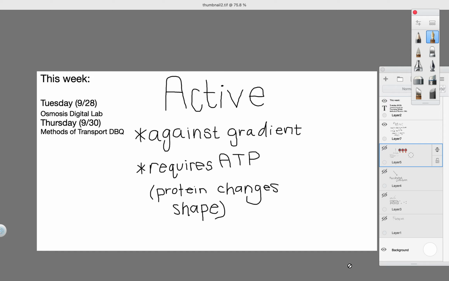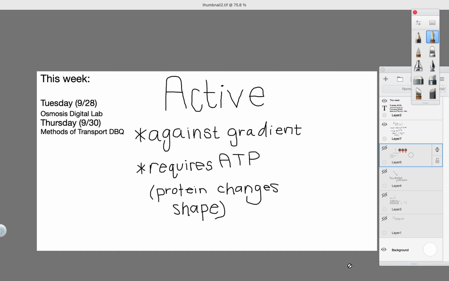So what do I mean by the protein changes shape? Well, again, you have fingers, I hope, and you can Google examples of active transportation with cell membranes. But just to give you a brief rundown, basically the ATP is going to be doing the hard work of changing the shape of these intermembrane proteins, which is going to allow opposite movement, counteractive movement against the gradient.